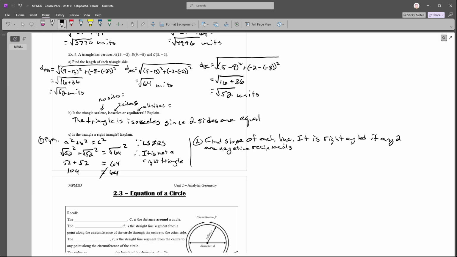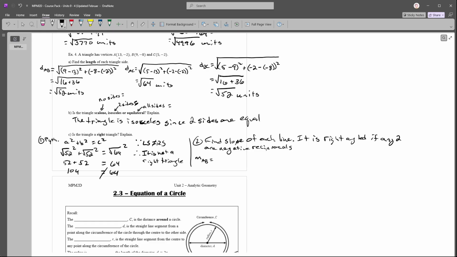Okay, so how do I actually find the slopes? Well, you have to do rise over run for each one. Let's do the work since we're on a video and we have infinite time on the video, whereas in class we don't, but we'll do the work here. So if I want to find the slope of AB, that's going to be y2 minus y1 over x2 minus x1.